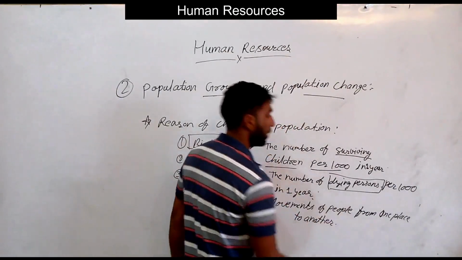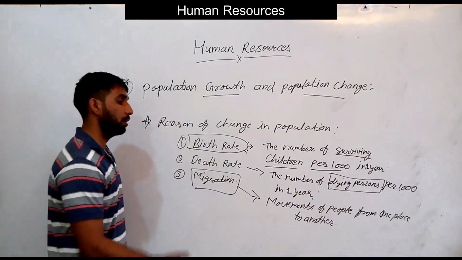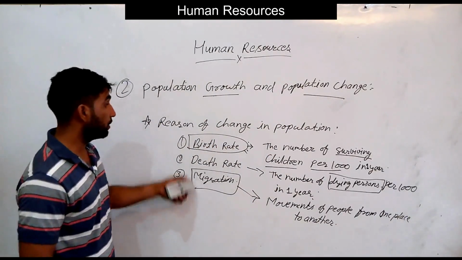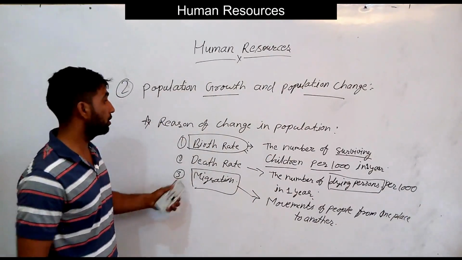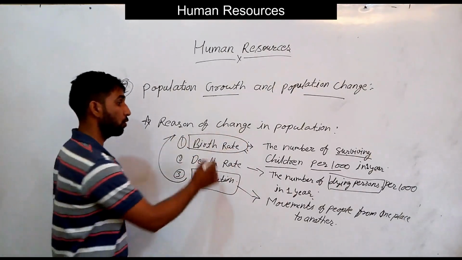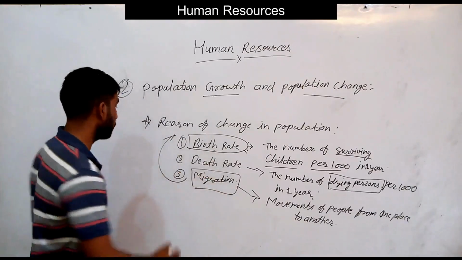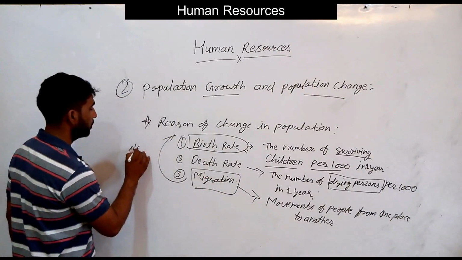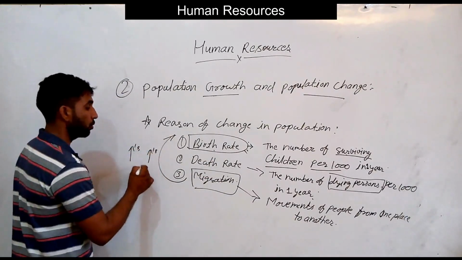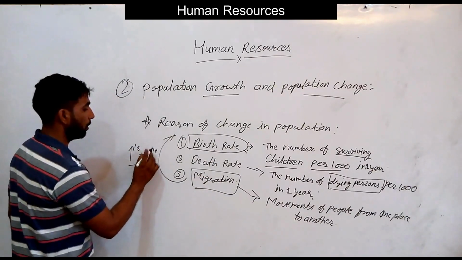Migration may be internal, interstate, or intercountry. So these are the three reasons for change in the population. If the birth rate increases and the death rate also increases, then it will be equal.